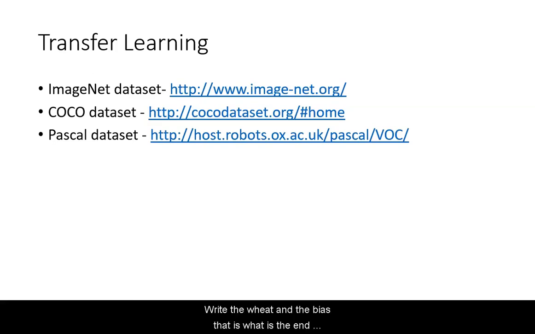The weights and the biases, that is the end product of training. So we can use these weights, which someone has figured out after maybe days of training, to initialize our own deep neural network. Right? So that is the idea of transfer learning.